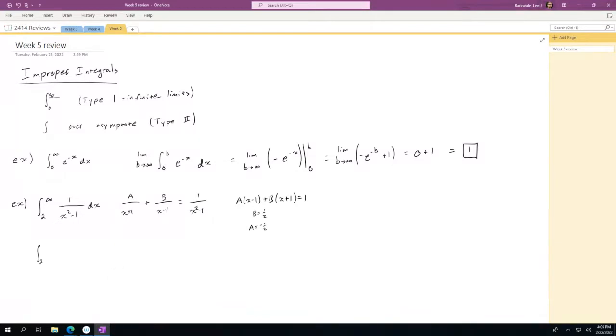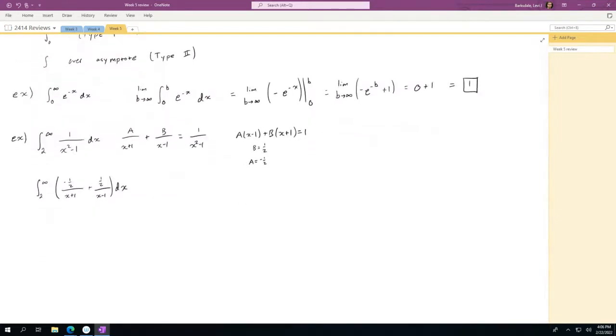Well, now we have the integral from 2 to infinity of minus 1/2 over x plus 1 plus 1/2 over x minus 1. Again, we're going to want to rewrite this as a limit. Here, the point that's giving us an issue is our upper limit again, which is infinity.